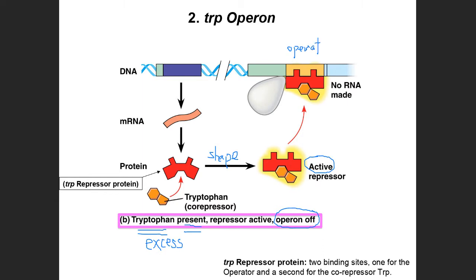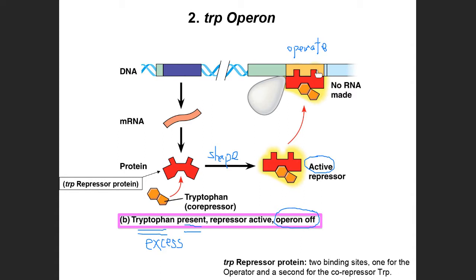And again, you can see here, when it binds to the operator, it's in between the promoter and the first gene, the first of 5 genes in the Tryptophan operon, thus physically inhibiting or repressing gene expression. In other words, turning off gene expression of the Tryptophan operon by physically blocking it.